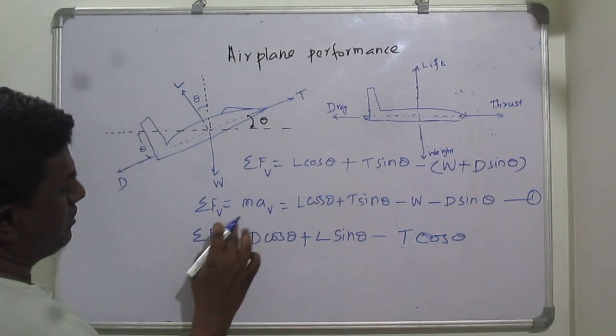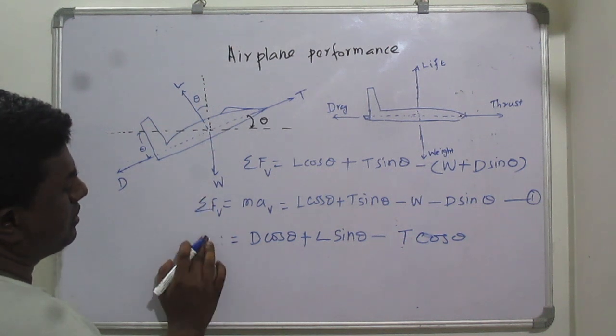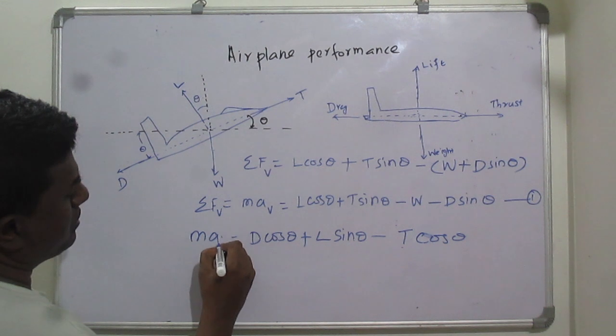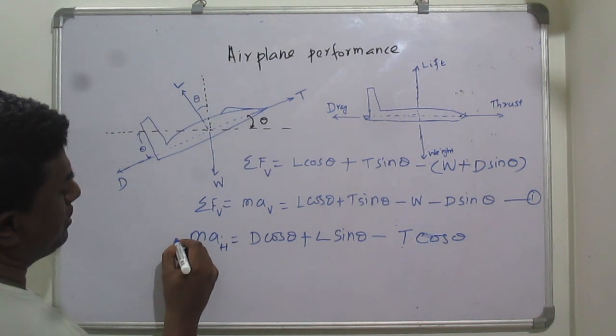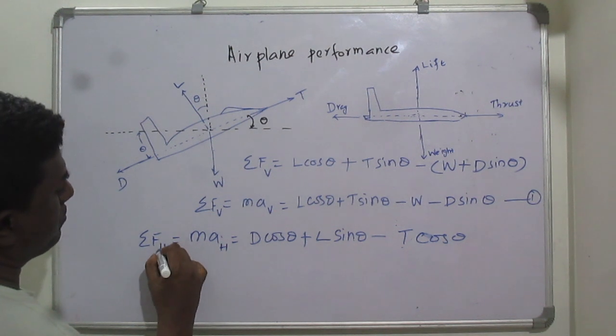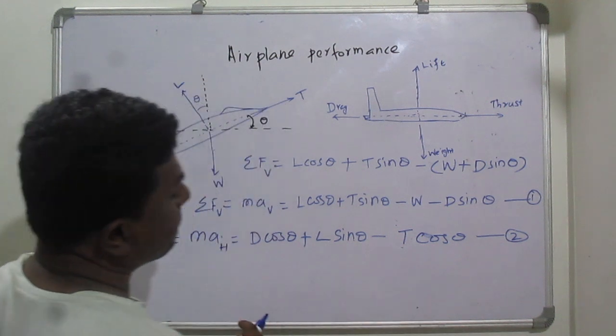Similarly here, we can write mass into horizontal acceleration, which will be equal to the summation of horizontal forces. We take this as equation number 2.